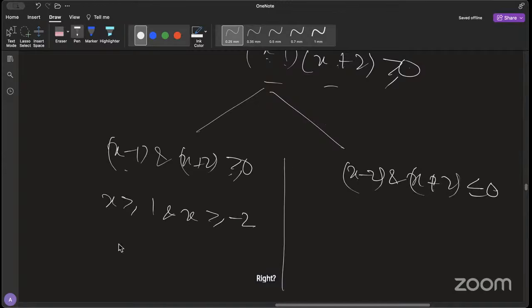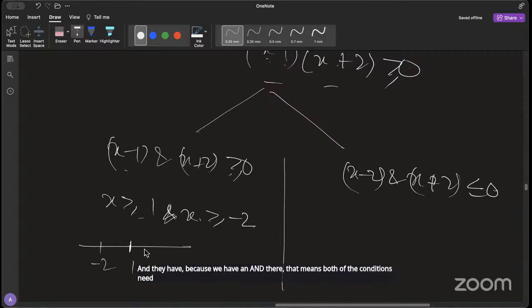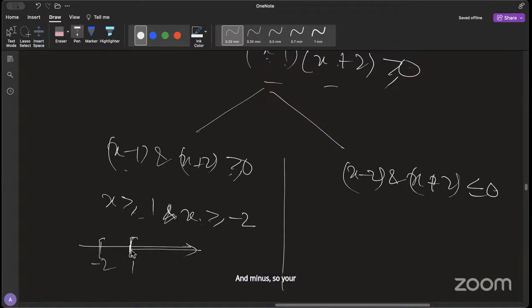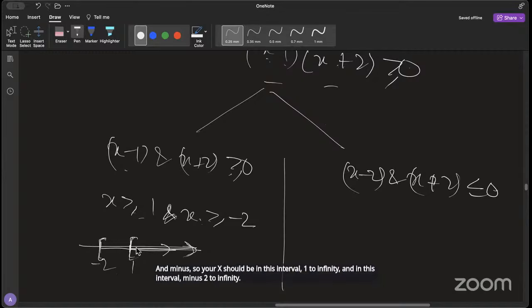Now 1 is here, minus 2 is here. Because we have an "and" here, both conditions need to be satisfied simultaneously. So x should be in the interval 1 to infinity and in the interval minus 2 to infinity. It should be both greater than 1 and greater than minus 2.